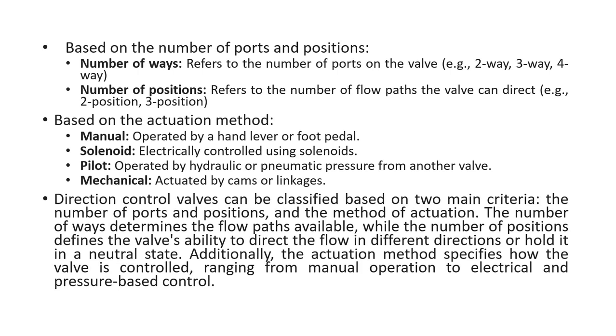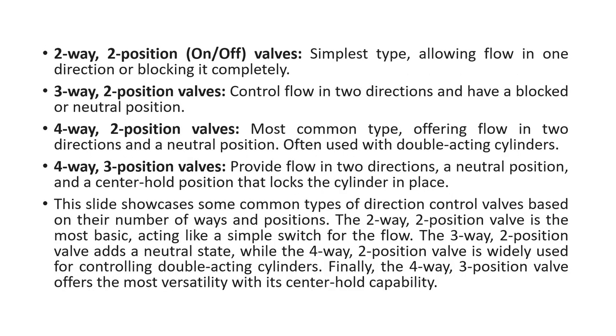Additionally, the actuation method specifies how the valve is controlled, ranging from manual operation to electrical and pressure based control. These are the various ways and positions of direction control valves. It may be a 2-way 2 position valve, or a 3-way 2 position valve, normally used for a single acting cylinder.